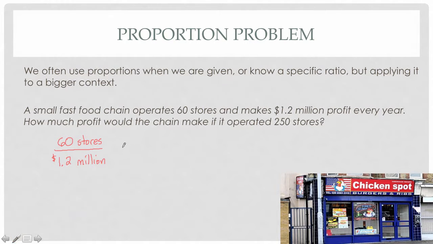And we're assuming this is proportional because it's saying, what if I had 250 stores? Assuming that it grows proportionally, how much profit would I get from 250 stores? There's my problem right there, my proportion problem. We can solve it a number of different ways, but algebraically, there would be my x for my unknown, and x represents profit for 250 stores.